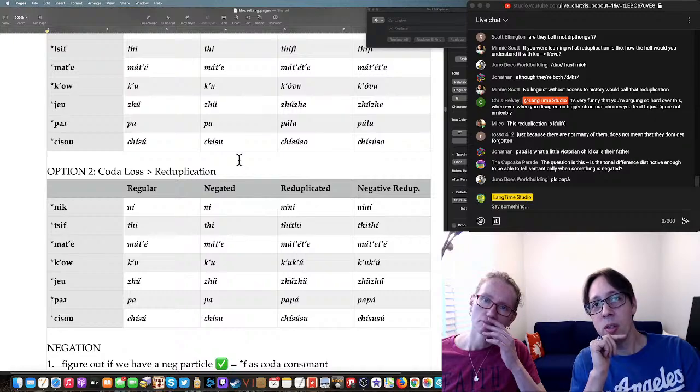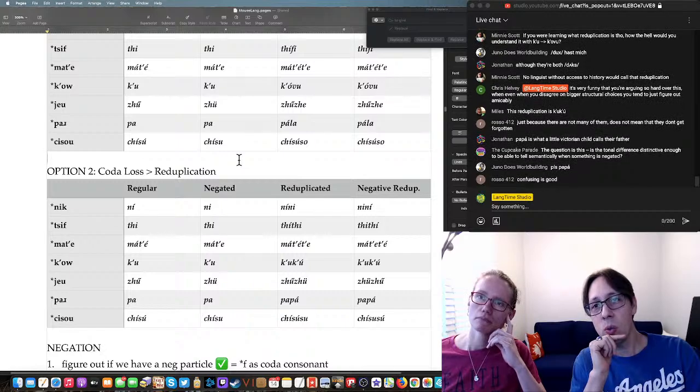Some of the forms are identical. For example, if it's a low tone, so ku is regular, ku is negated, ku is reduplicated regular or positive, and then ku is the negative reduplicated form.